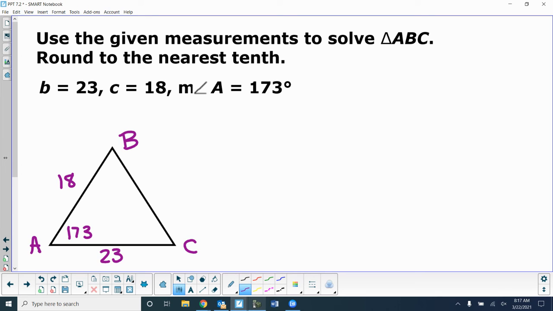Since we have angle A, what's the only thing we can figure out then? Side A. You've got to use the one that starts out A squared.